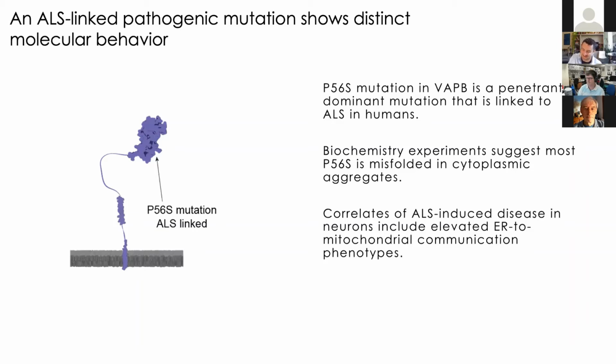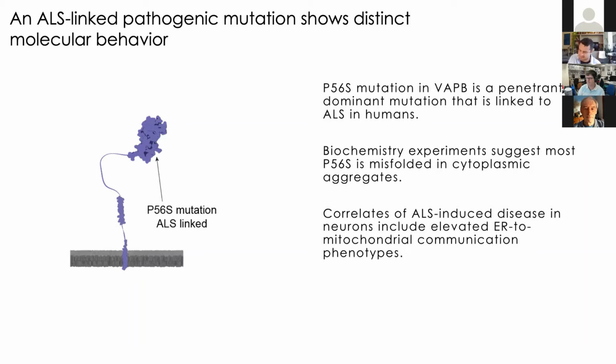I'd like to talk about another example that we looked at that has turned out to be quite interesting, which is that this molecule VAPB has a disease mutation in it, the P56S mutation, which is heavily linked to ALS. This is a penetrant, highly dominant mutation that causes ALS in humans.